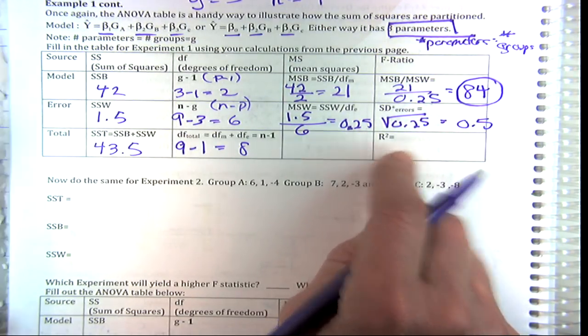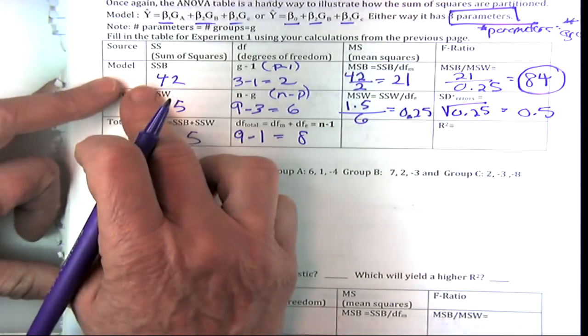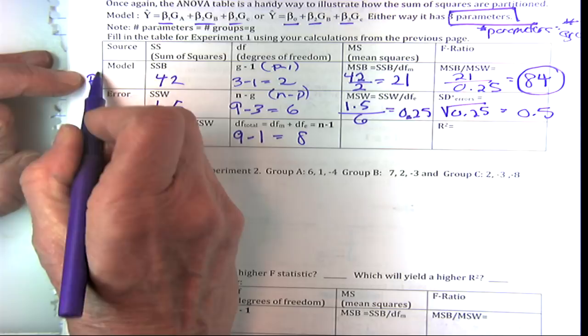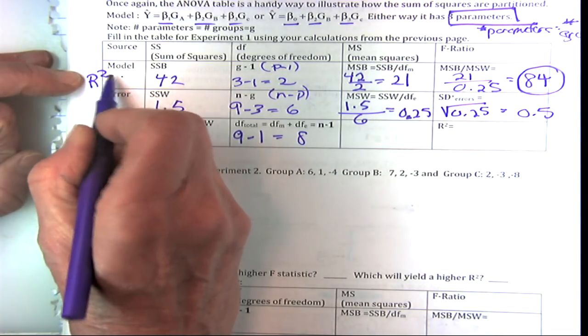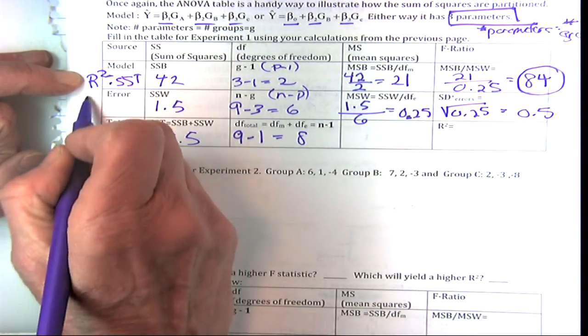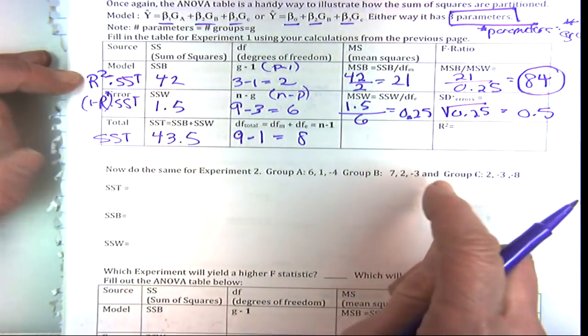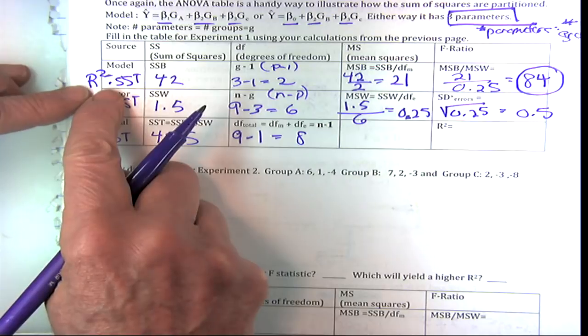Now, from this, r squared wasn't given to us, but do you know how we can get r squared? Remember, the model is r squared times SST, and the error is 1 minus r squared times SST.